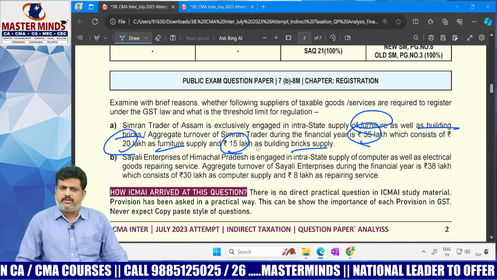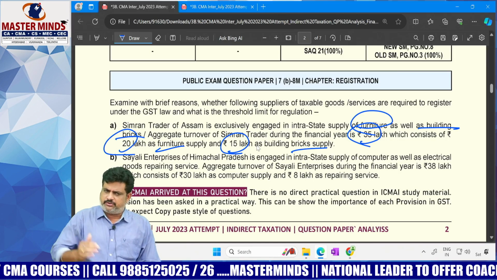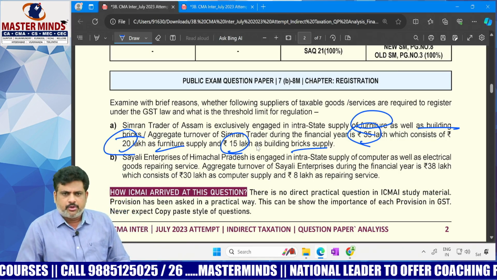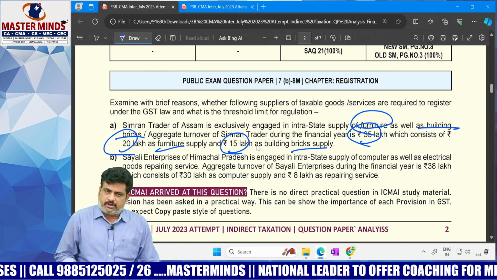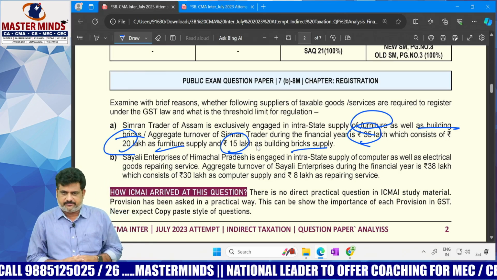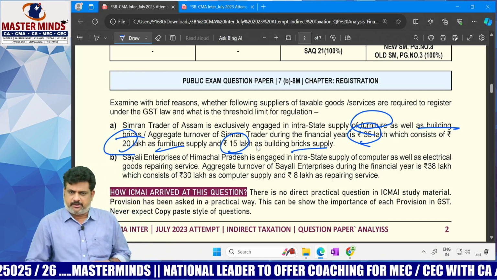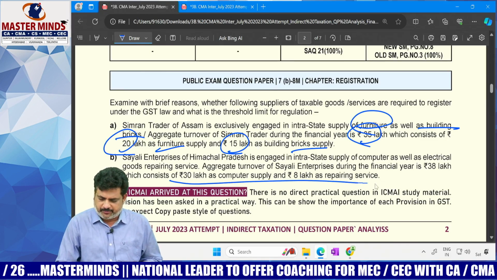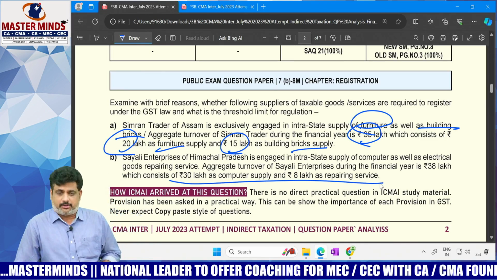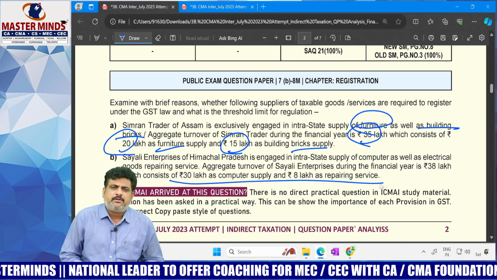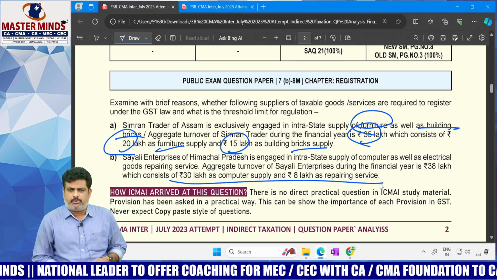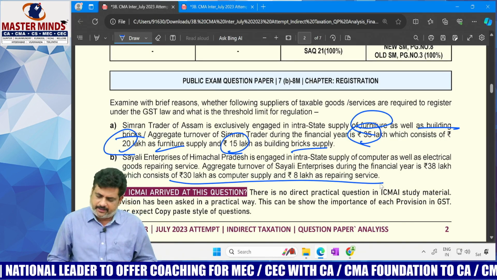If you are involved in service, automatically your registration limit will be reduced to 20 lakhs. Here, what is the total turnover? 38 lakhs: 30 lakhs with respect to computer supply, and 8 lakhs with respect to repair supply. Therefore, are you liable or not liable? Liable.